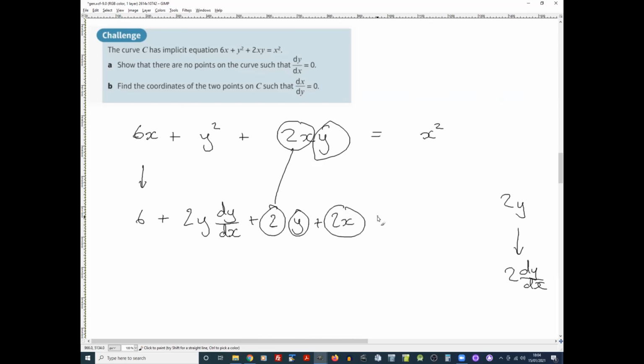Yeah, and then the y, which is dy over dx. Exactly, yeah. Cool. Equals? 2x, good.